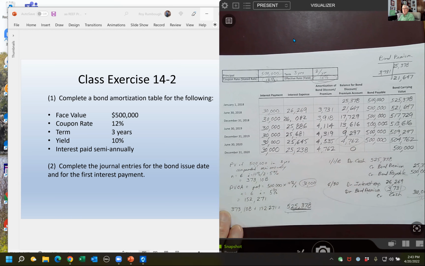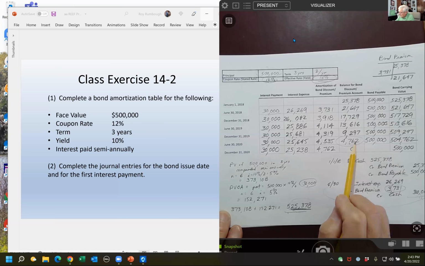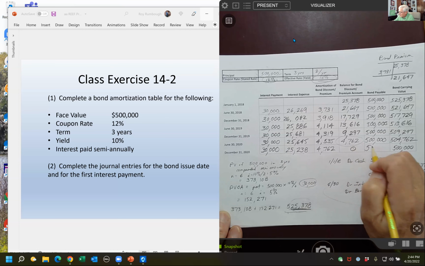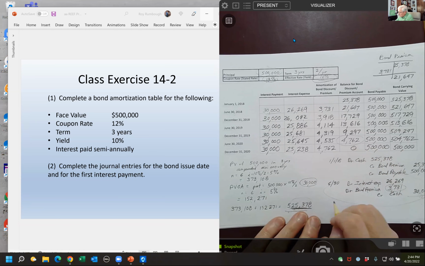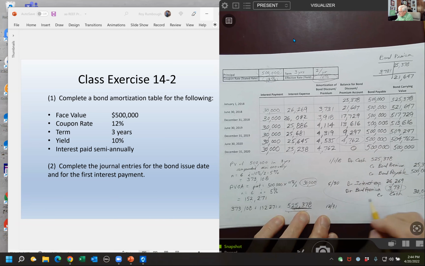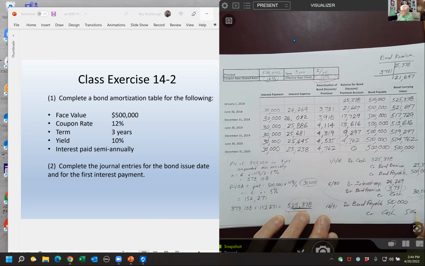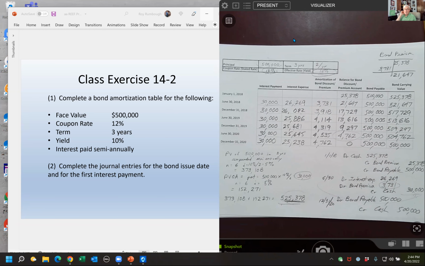That's because we did value money correctly up front, and we had a 4,762 credit balance. We debit that. Now we have zero. Now we have 500,000. By the way, what's the last entry we do? 12/31, we're going to debit bonds payable, credit cash. That's the very last entry we do.